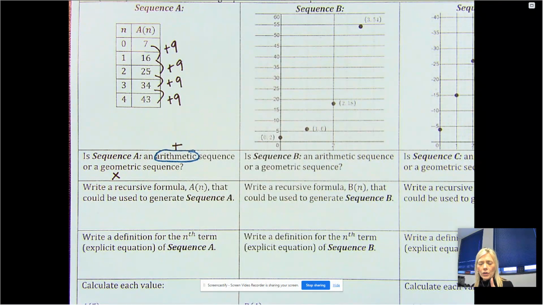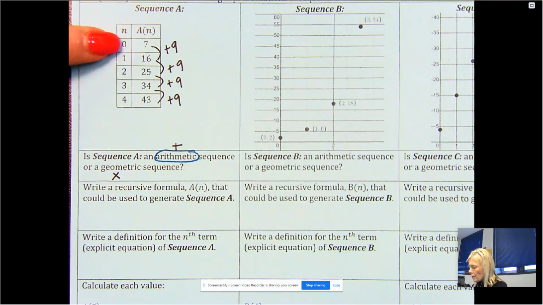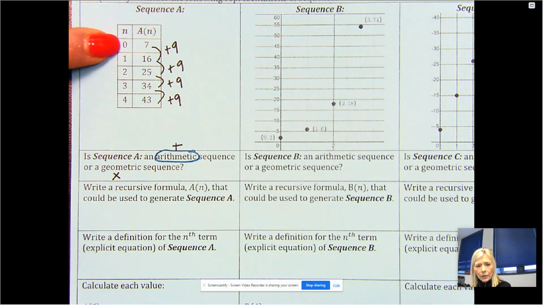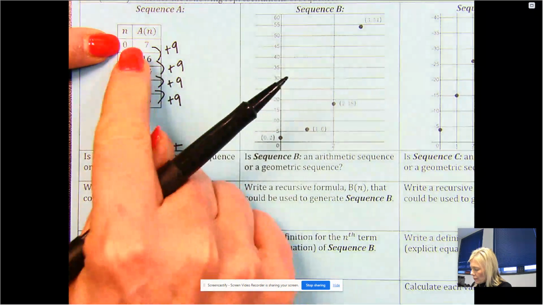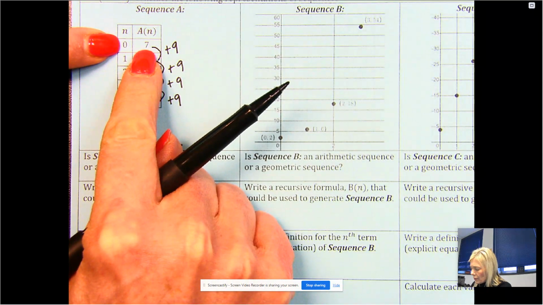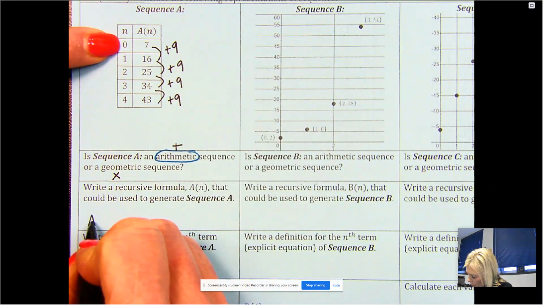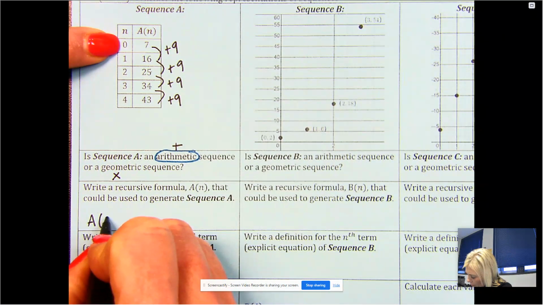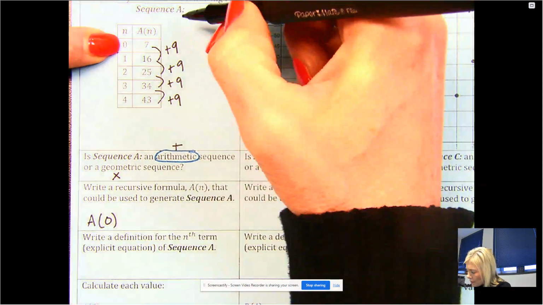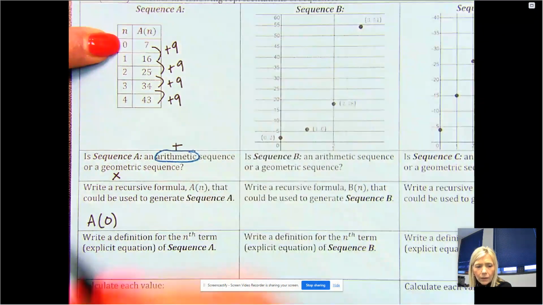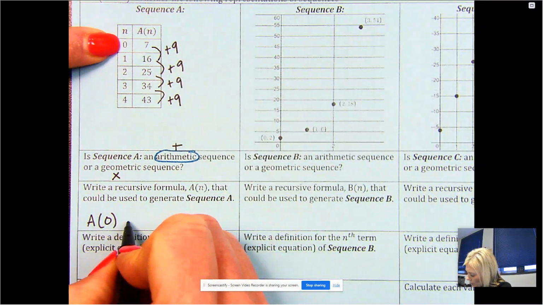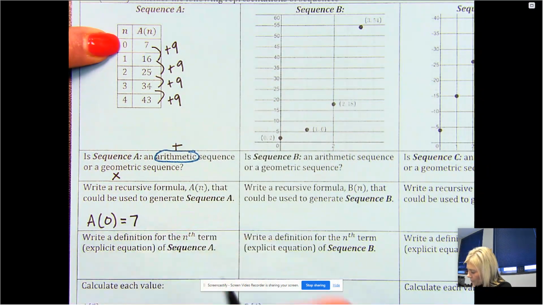It tells us where to start. So this starts when n is 0, and the value is 7. We use function notation and say, first of all, a of 0, and I'm using a because this is sequence A. So a of 0 is equal to 7.